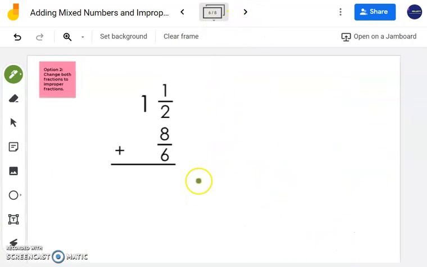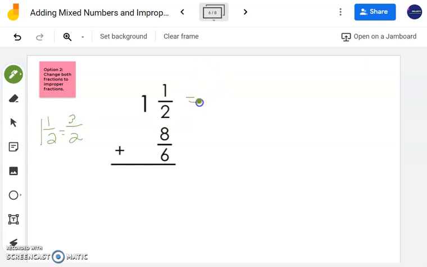So let's take a look at this way. Option 2 says change both fractions to improper fractions. So now I have 1 and 1/2, which 2 times 1 is 2, plus 1 is 3. That gave me my numerator with the same denominator here of 2.